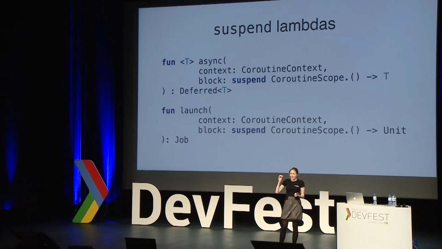And if we look at how these coroutine builders are defined, we'll find out that they mark their lambda parameters with the suspend modifier. And then the right answer to the question where you can use your suspend functions is inside suspend functions or inside these suspend lambdas.